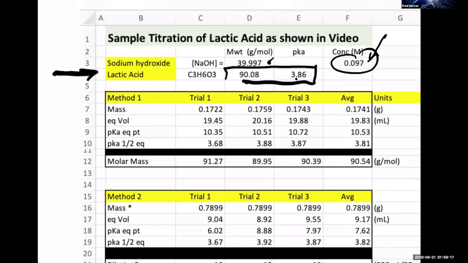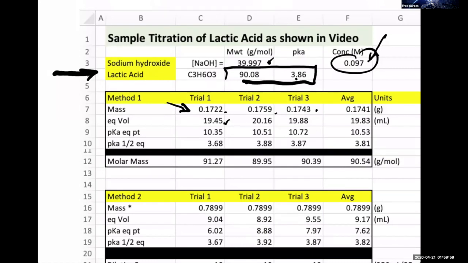So if you watch the video, what you'll find out is that the initial volume of my titrant is 0.1722. Sorry, that's not the initial volume. That's the mass of my unknown, the mass of the lactic acid. And you notice all three masses are different because I'm doing three independent titrations. The equivalent volume that I use in my titration, what you will see in the movie, comes out to 19.45.